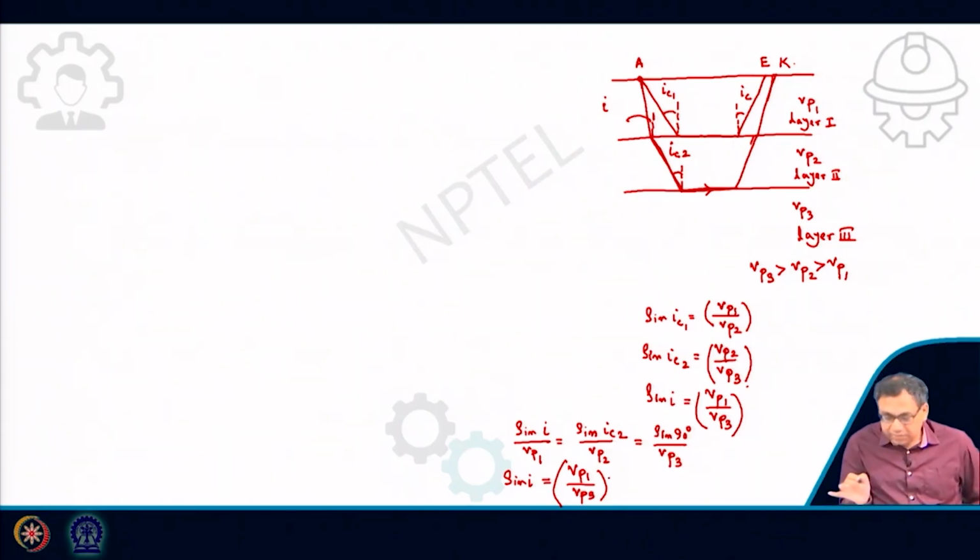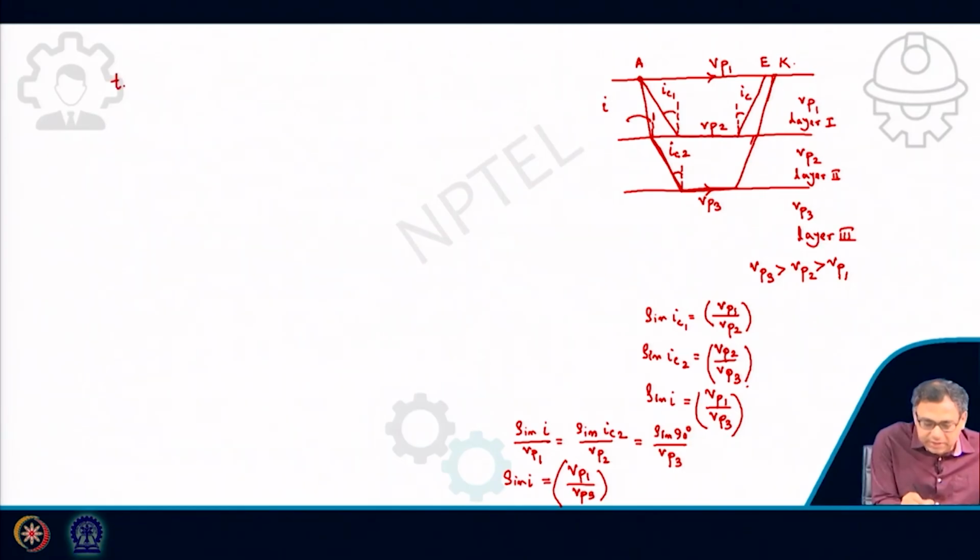Okay. So, now let us do the derivation. There will be the direct ray. Here this part follows VP3, this part is VP2, and the direct one is VP1. This part is VP1, this is VP1, this is VP2, same as the previous case.